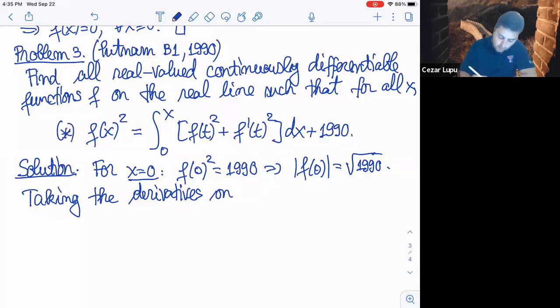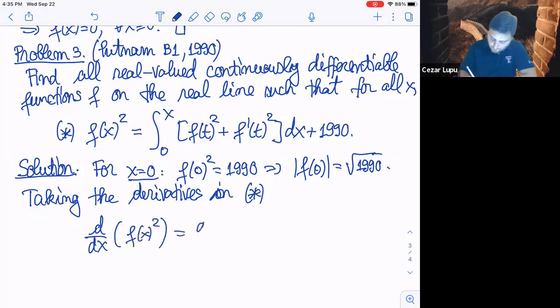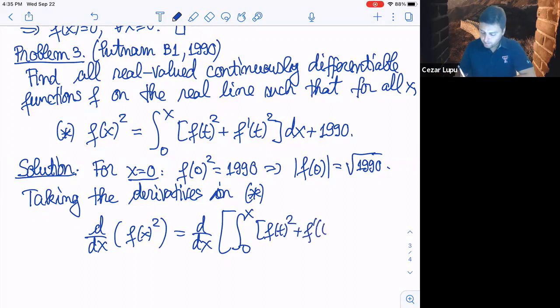Let's call this star. In star, we're taking the derivatives. We will have the following.